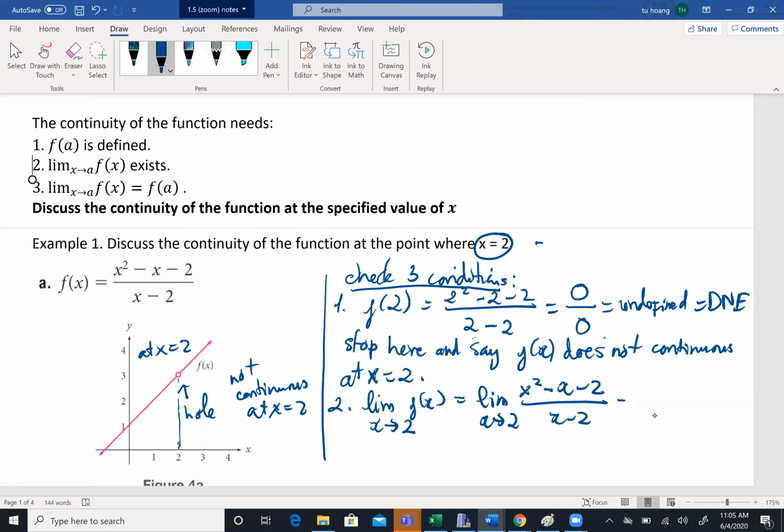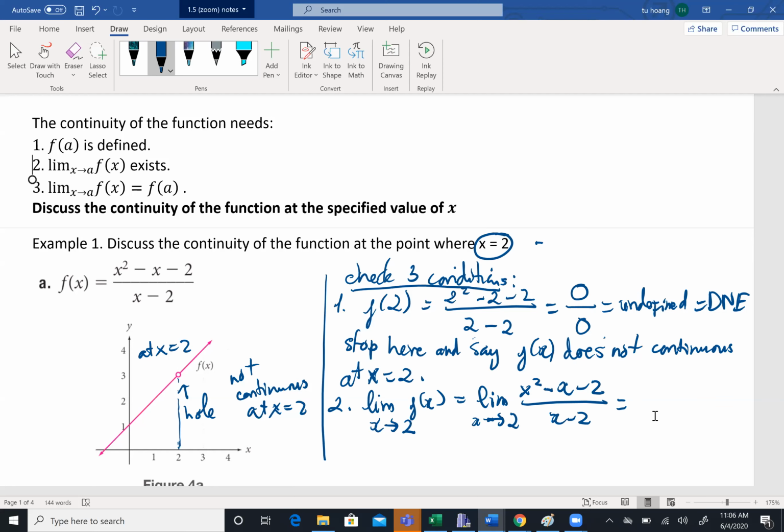In this case, you remember in section 1.4, when we try to find the limit at a finite number, and this is a rational function, you need to factor top and bottom, and then cancel if there is a common factor between top and bottom.